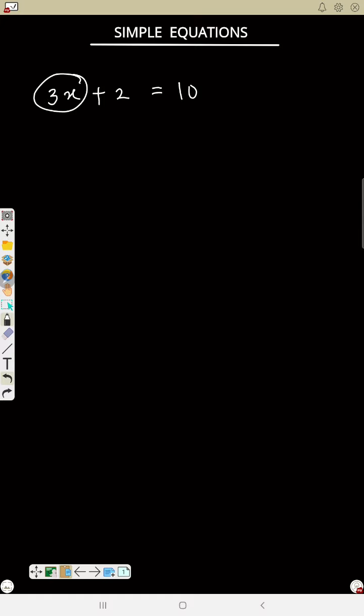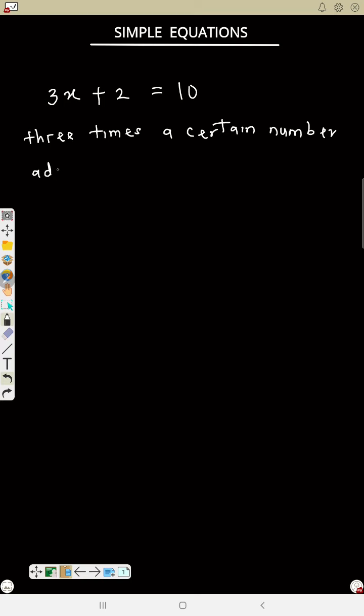You start with this 3 times a certain number, 3 times a certain number added to 2, or plus 2, gives 10.